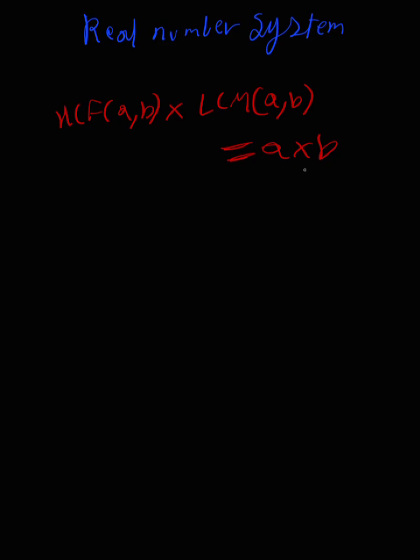If you want a reason why, we can say that the highest common factor of a comma b is 1, and then this ab which is here, we can say that since the HCF was 1, if you will notice, there's no other multiple which is lower.